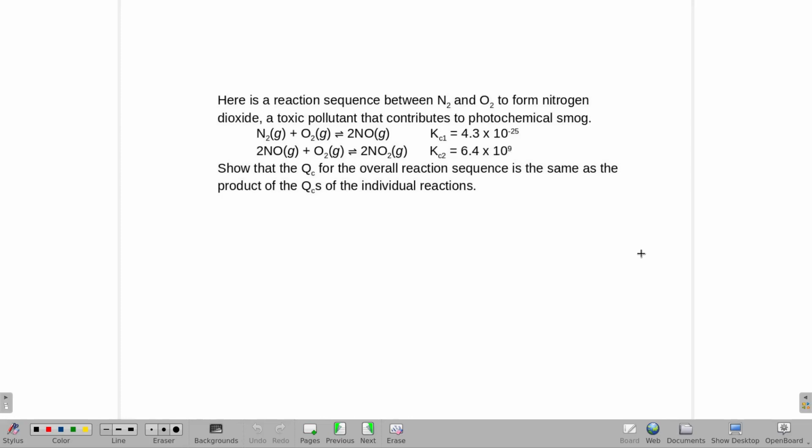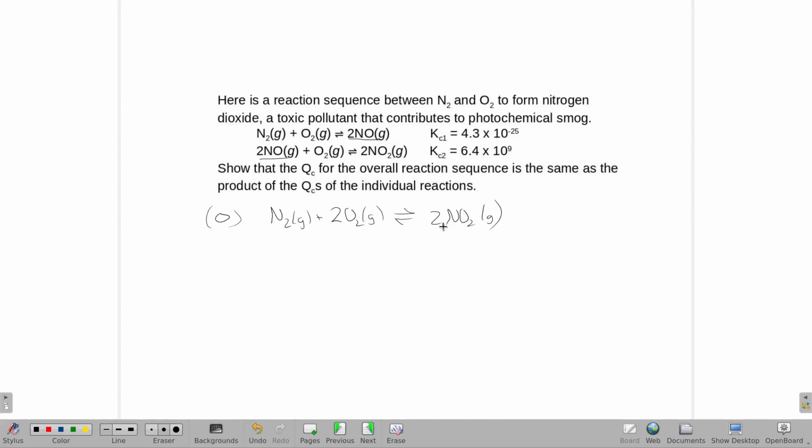You notice how this NO is really one of those reactive intermediates we talked about? It's actually used up totally in that second equation. The overall process is the N2 gas and 2 oxygens go to form, with equilibrium, 2 NO2 gases.